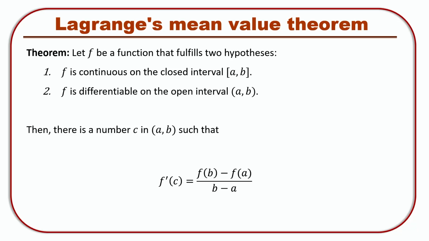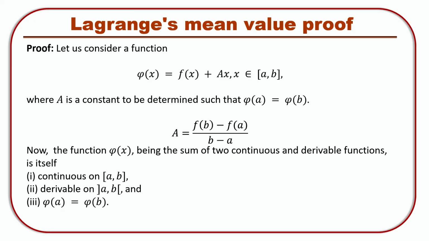So, the Lagrange mean value theorem states that if f is a real valued function on a closed interval [a, b], continuous in that closed interval as well as differentiable in the open interval (a, b), then the slope at an interior point can be calculated, and it will be f(b) minus f(a) divided by b minus a.